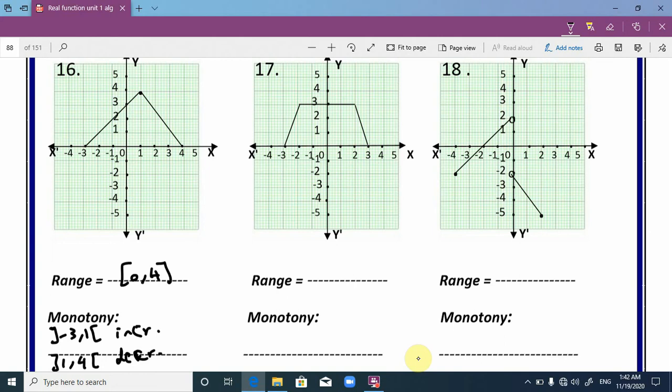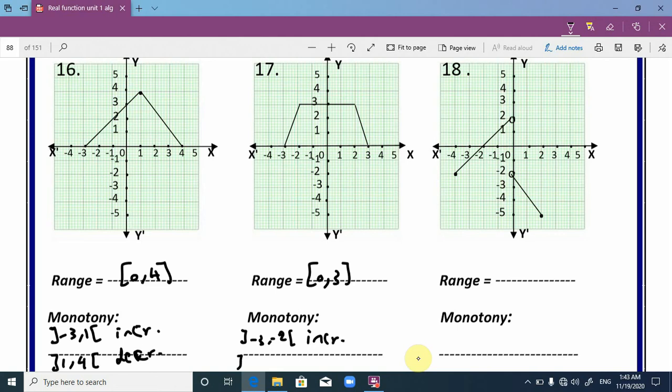Okay. Number 17. The range here is from 0 closed to 3 closed, the least value of y to the greatest value of y. In monotony we have 3 intervals. From negative 3 to negative 2, the f is increasing.